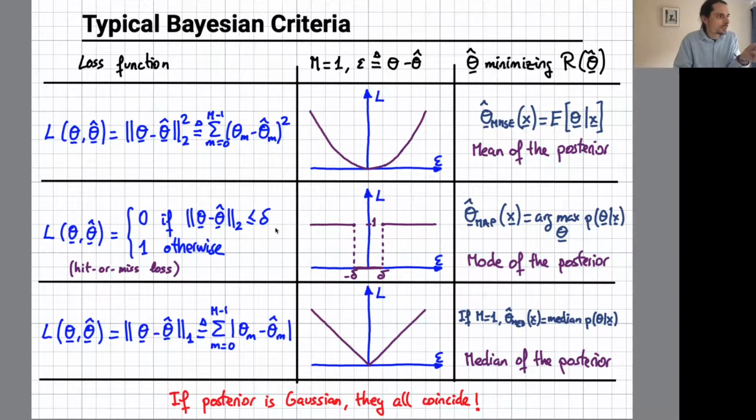We presented or used the hit or miss loss to arrive at this estimator, but in practice we just use this estimator without mentioning the hit or miss loss. So it's not really important to remember this concept here, but it will be important to know what this estimator is and how to compute it.